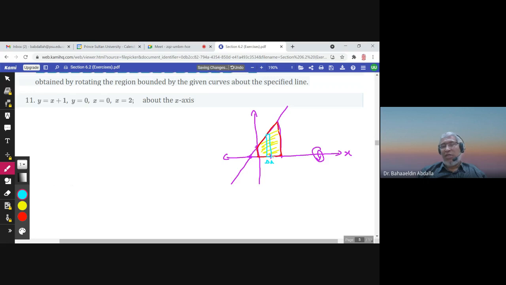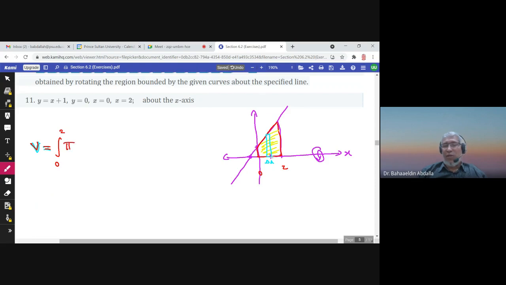And you can see that this is a solid. So here the volume should be easy. Volume equals integral delta x from where to where? From 0 to 2. Pi times the radius. What is the radius?